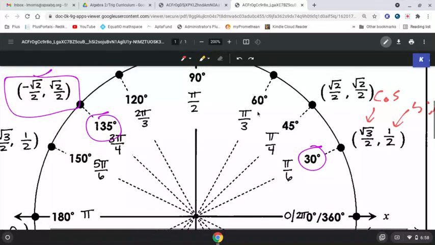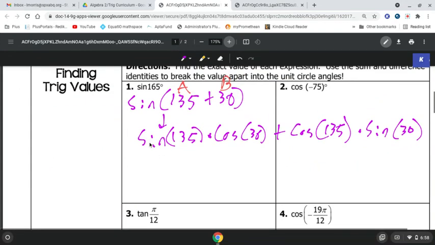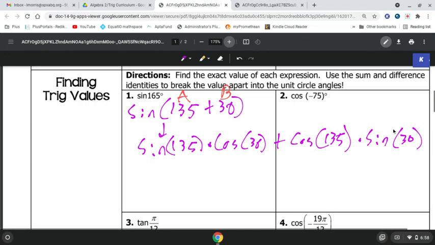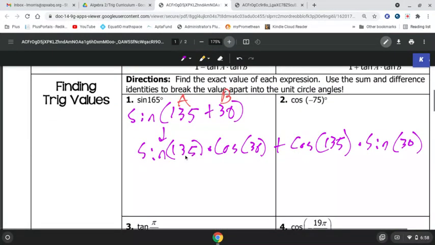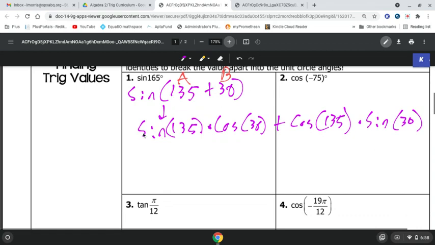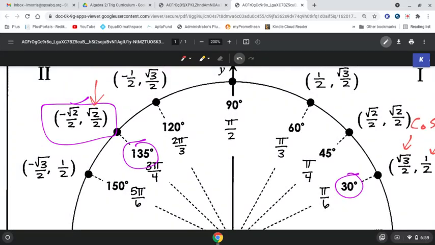So here's all you have to do. Go to everything we just wrote out, which is pretty much the sum of angles for sine. And the first part we have is sine 135. So you're going to go to 135 and you're going to look at the y coordinate. So the y coordinate here is square root of 2 over 2.